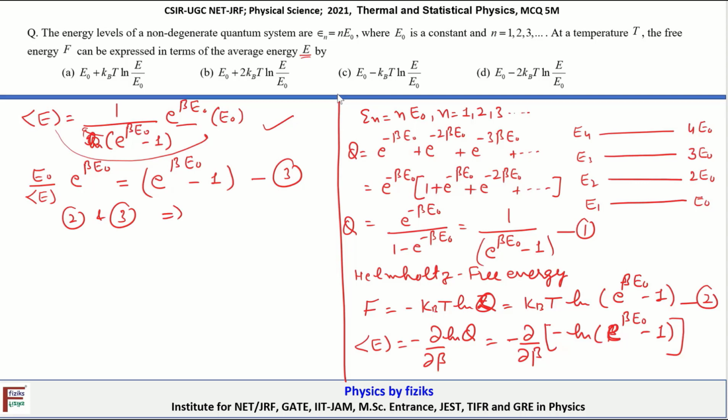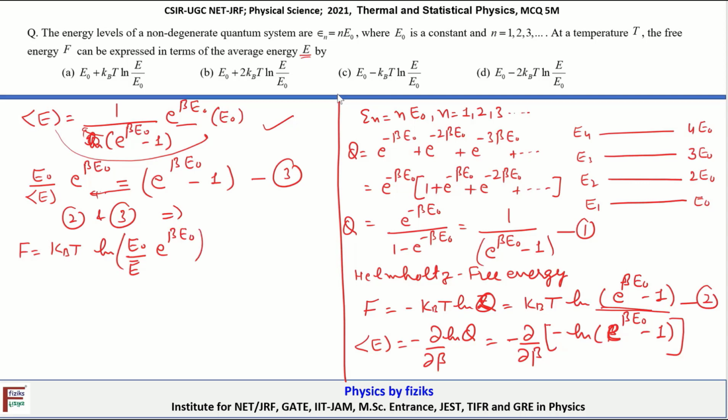This implies that F is equal to kT ln of this expression, so we are going to replace exponential beta E0 minus 1 with the expression on the left hand side. So this is equal to kT ln of E0 upon E average, multiplied by exponential beta E0.